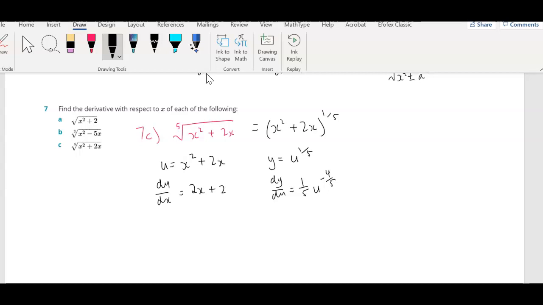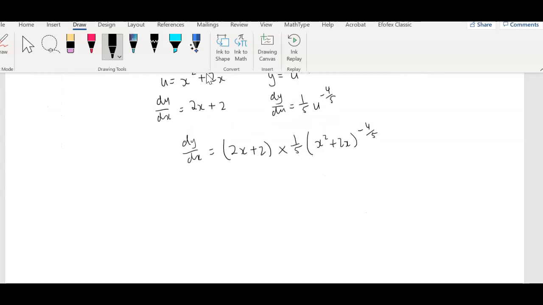All right, and I'm going to do the u at the end. So dy dx is just putting it in brackets. So 2x plus 2 times 1/5 u, what is u? x squared plus 2x to the power of -4 on 5. All right, 2x plus 2 on 5. So I've just multiplied these first two terms together.